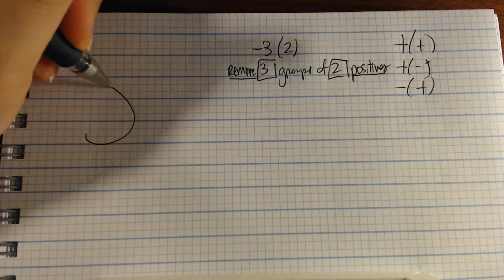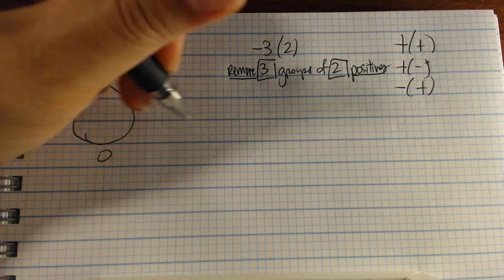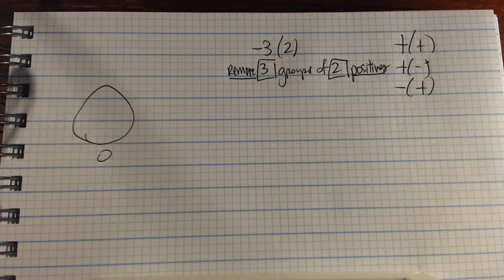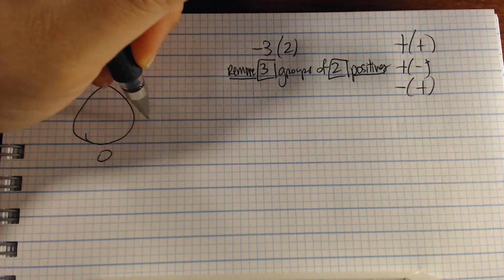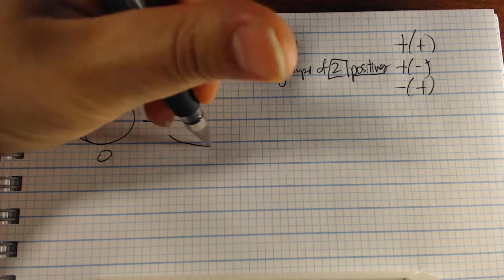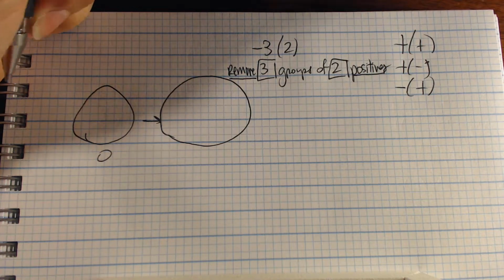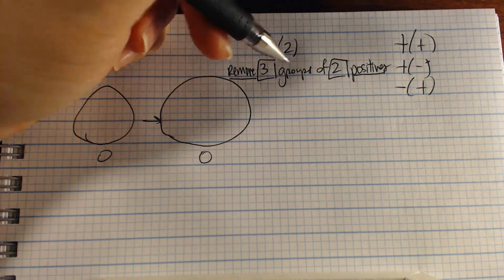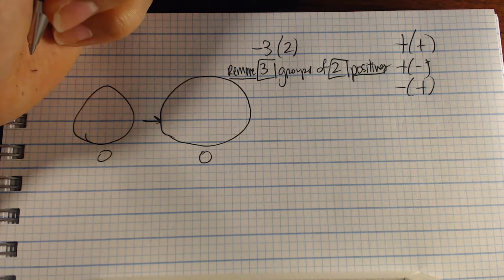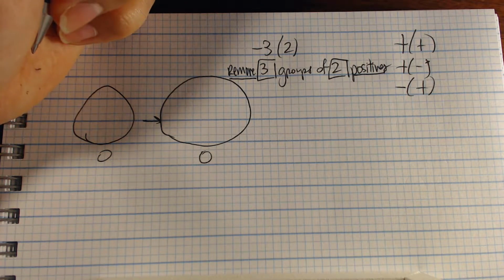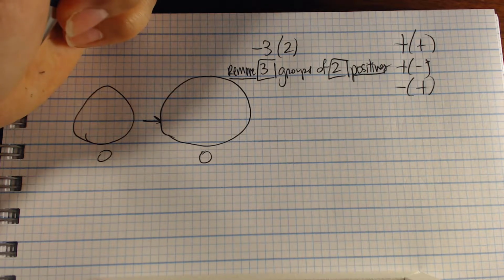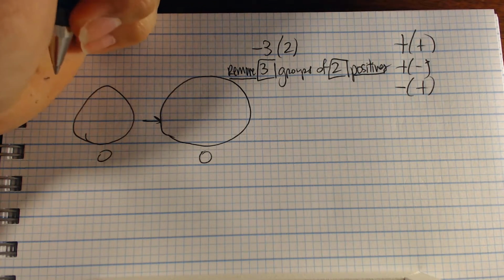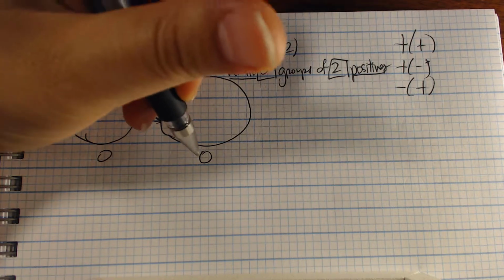So I want to start off with 0, and I want to take away, but I don't have anything that I can take away in here. So just like when you are subtracting a negative amount, I need to still have 0, but I need to put in 3 groups to take away. Okay, so if I'm going to be removing 3 groups, I need 3 groups in there. But I still need to equal 0.